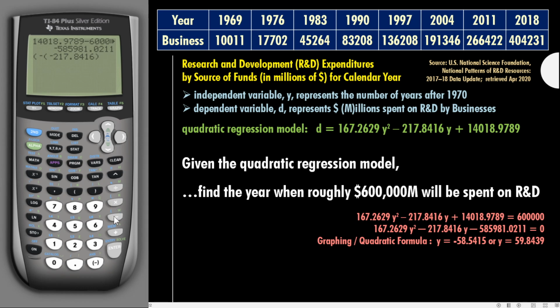Let's just start with the negative value, so minus the square root of, what we got here, now be again parentheses, we don't want to forget that, negative 217.8416 parentheses squared minus 4 times 167.2629 times negative, where's my negative?